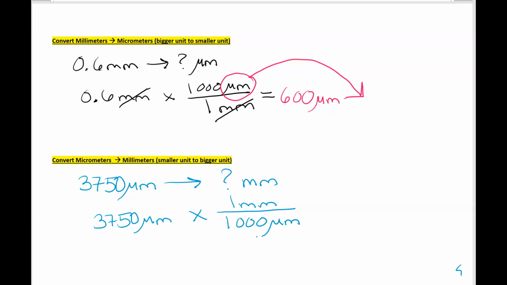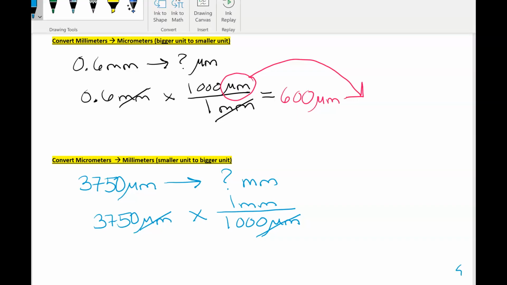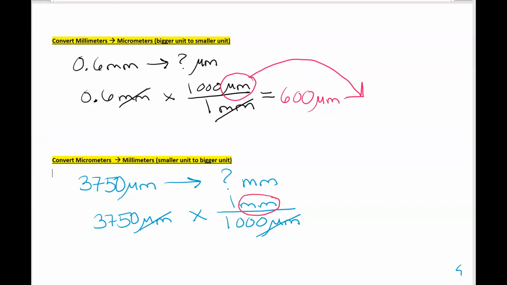So I would cancel micrometers, and that's going to leave me with the millimeter unit to carry over here. And in this case, I would be taking the 3,750, dividing it by 1,000, which will give me an answer of 3.75 millimeters.